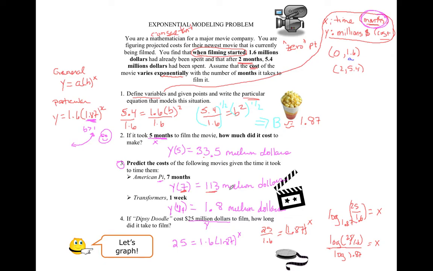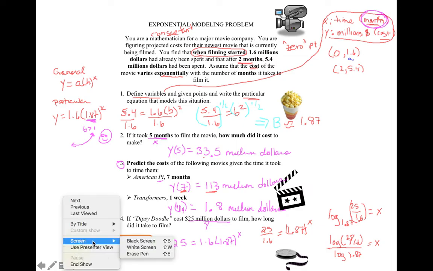Make your x min 0. Now maybe make it -5, I don't know, just so you can see. And look at that picture. So turn this over to draw your graph.